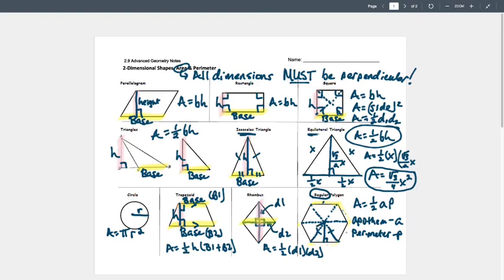And here's the height for each one of them, which are all apothems. So you could find the area of that triangle by itself, and then multiply it by how many of those triangles you have, if you'd rather do it that way. Either way is fine, but this formula works if they give you the apothem. That apothem is just the height of that little triangle right there, always drawn from the center of the polygon perpendicular to one of the sides.